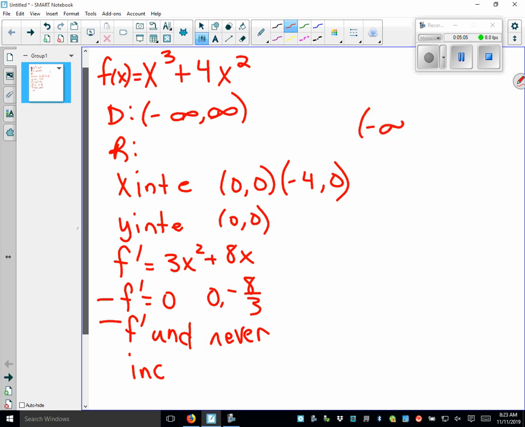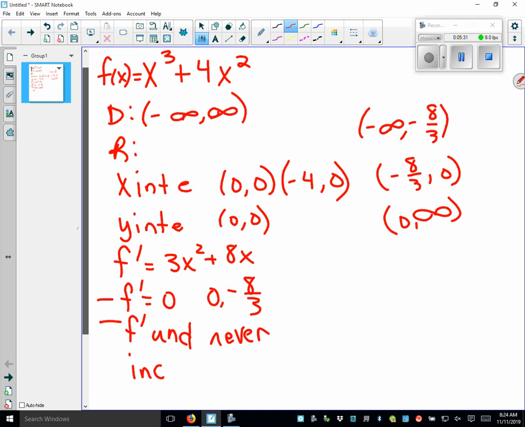So negative infinity to negative 8/3, negative 8/3 to 0, and 0 to infinity. Where do I plug those numbers in? The derivative. So that's where I work.